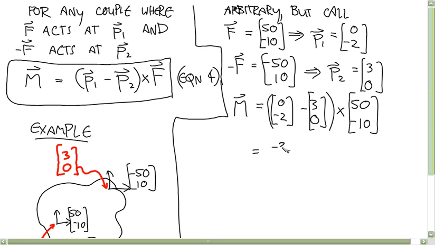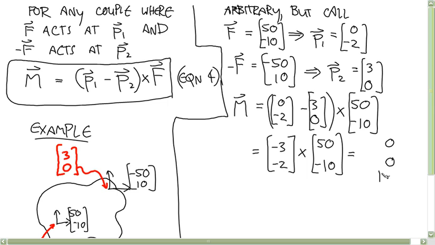So that's negative 3, negative 2, crossed with 50, negative 10. And that is 0, 0, and then 30 plus 100. Okay.